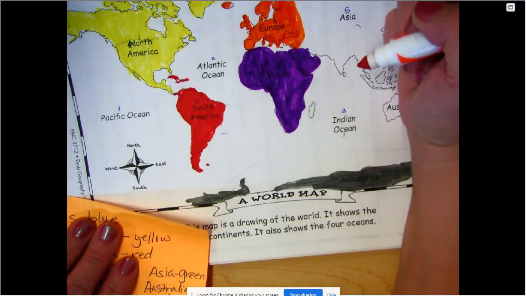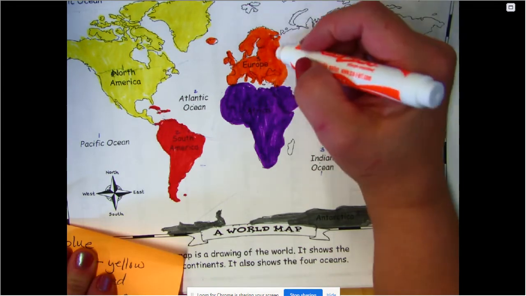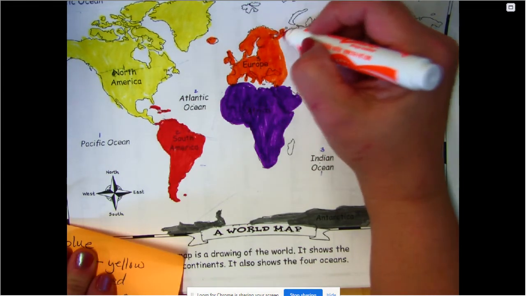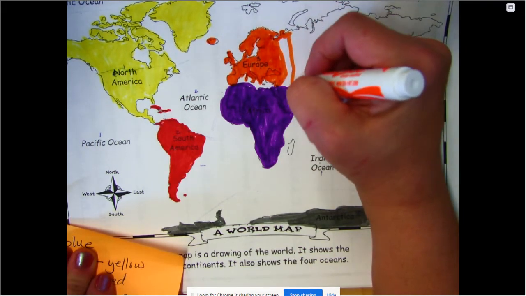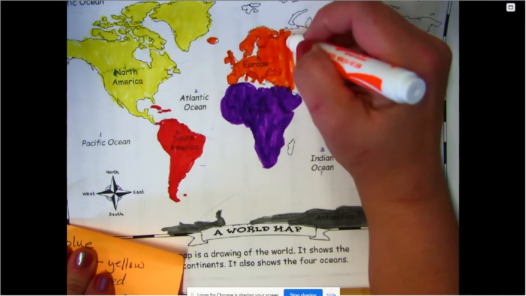I think that was a little lake right there. Or maybe the sea. It's the Baltic Sea. Not exactly. Look, this isn't divided up completely accurately.